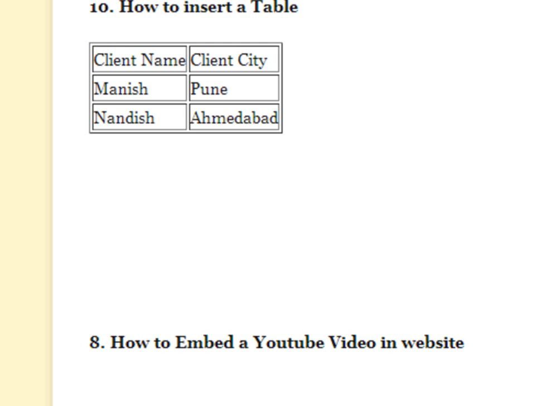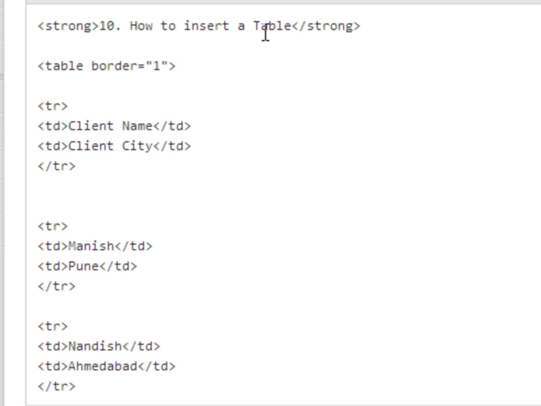Now this is very congested, isn't it? You want some kind of spacing here. There should be some 5 or 10 pixel space here. So all you need to do is put a cell padding parameter, say 10, or say 20, inside the table.